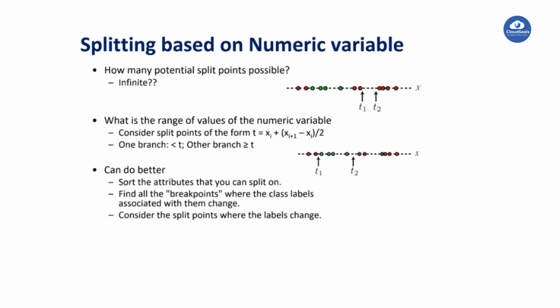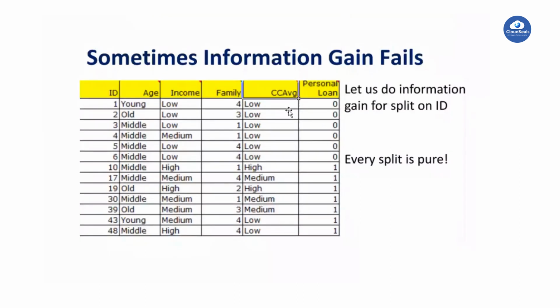For example, let's take personal loan, 0 and 1, and family, 1, 2, 1, 3, 4. What will we do? First we sort these values: 1, 2, 3, 4. Let's observe: 1 belongs to class 0 or class 1?